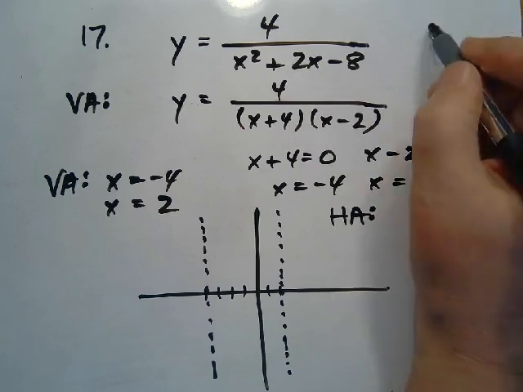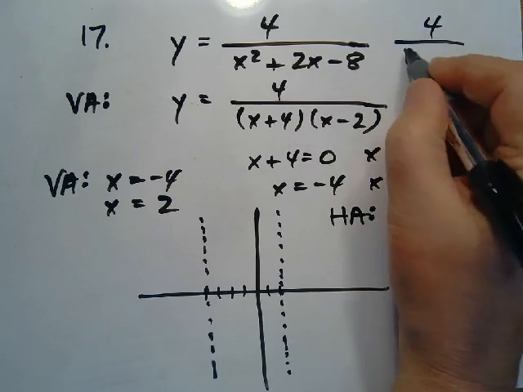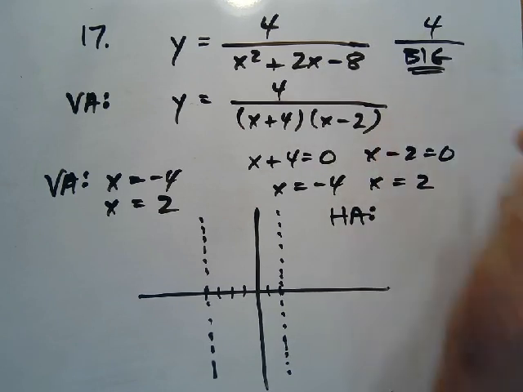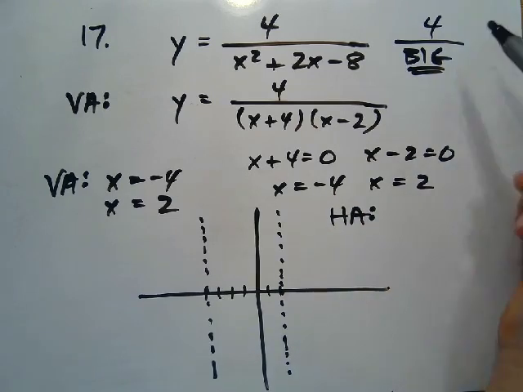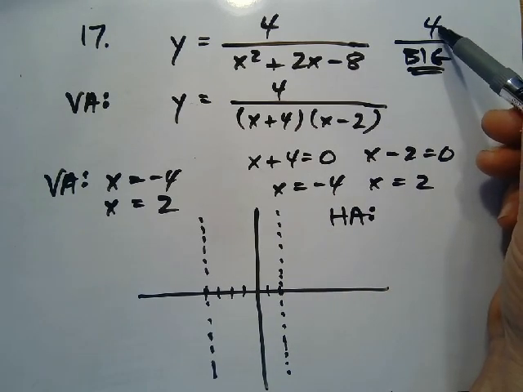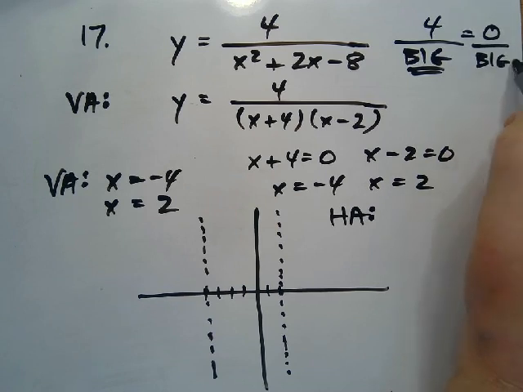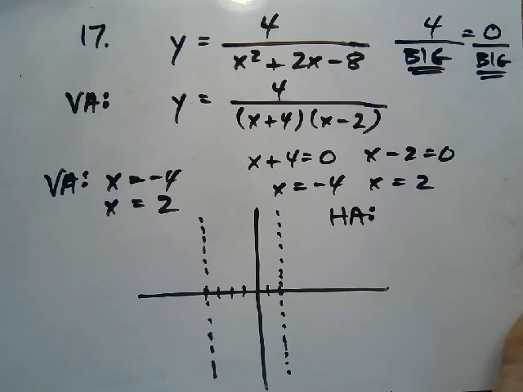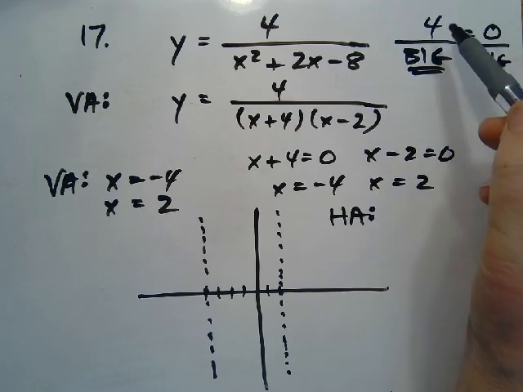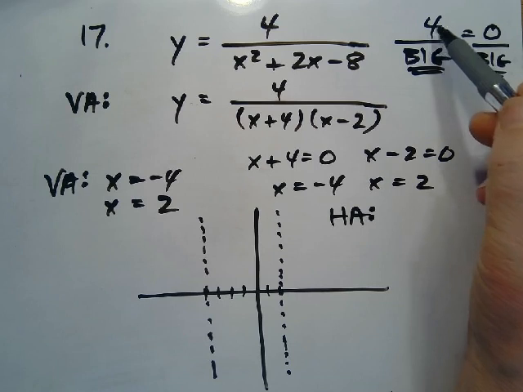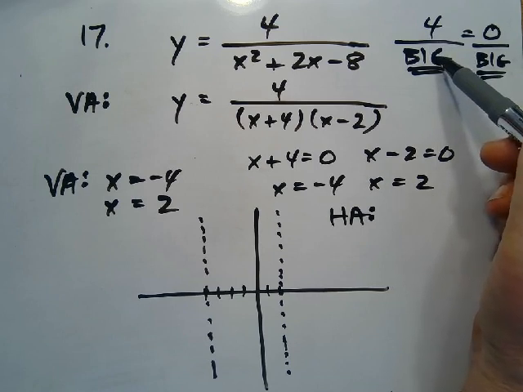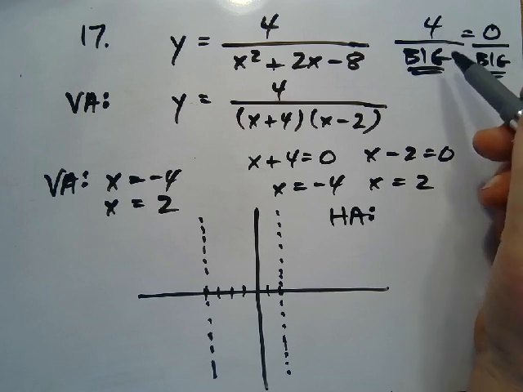So basically, we've got 4 over a very big number. Well, 4 compared to a huge number is like nothing over a very big number. It's like 0 compared to that big number. This 4 becomes insignificant when we think about how big this number is. Let me give you an example here.